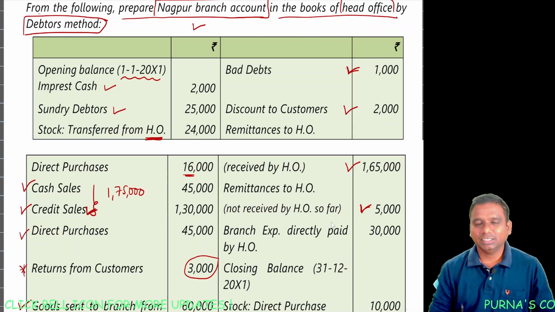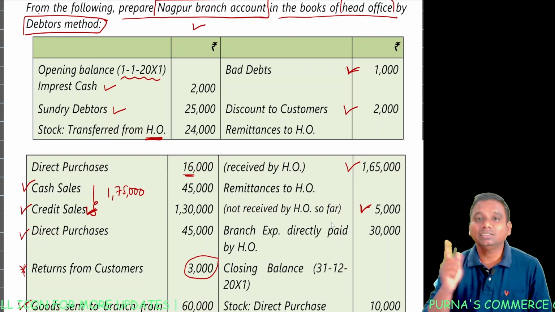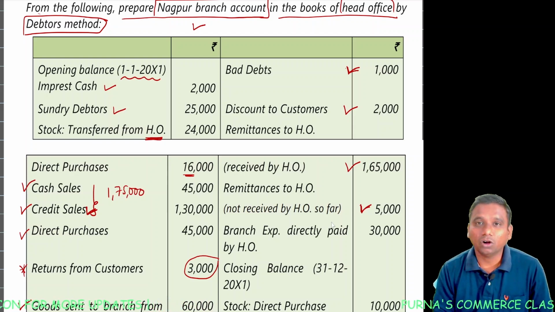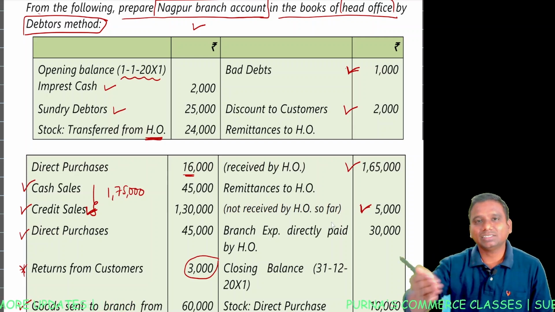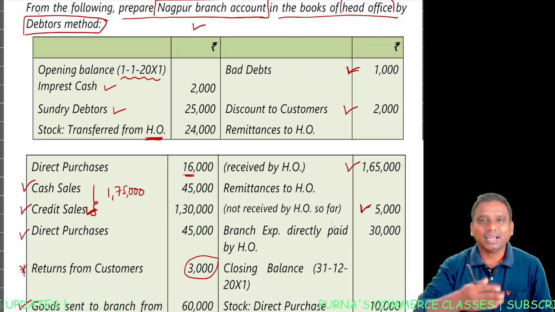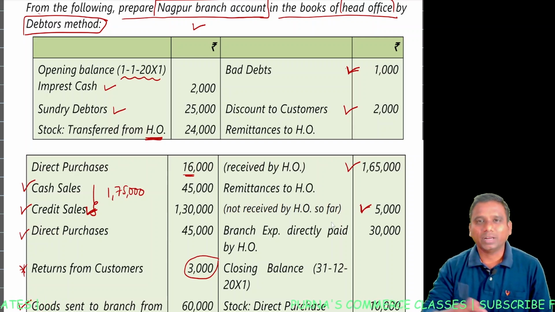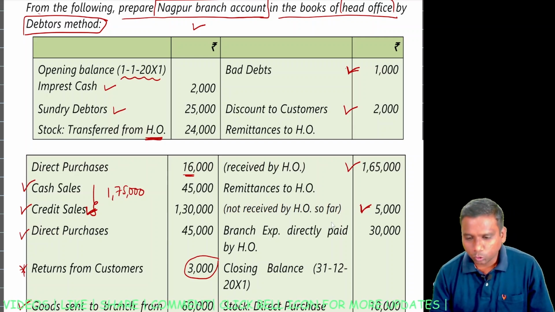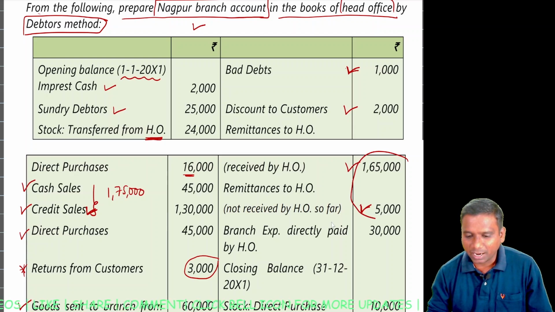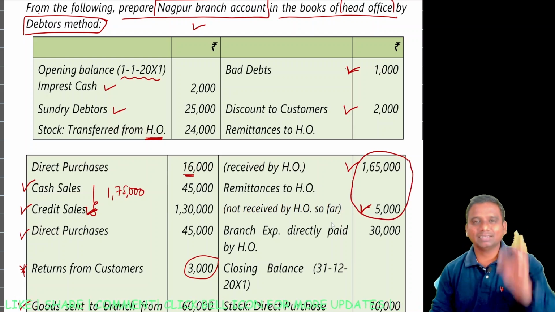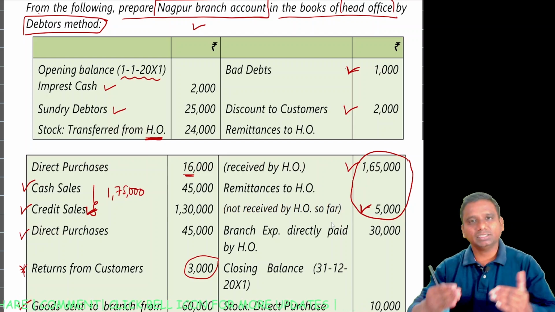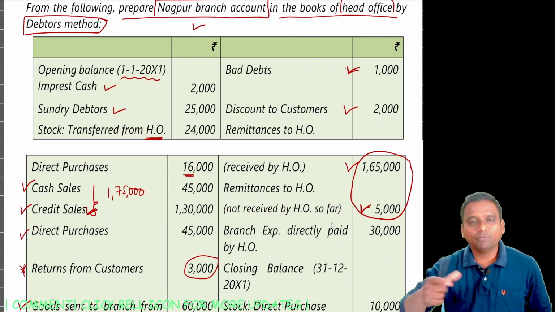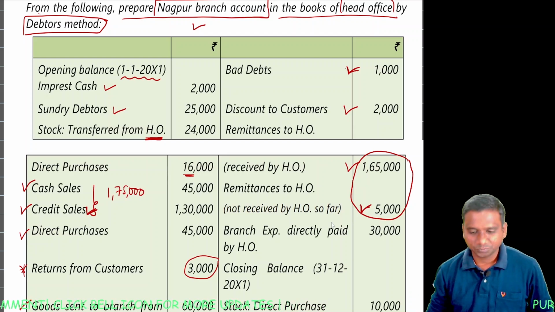In that case, it is not possible to record cash or bank account debit to branch. What entry do we record? In place of cash, where is this cash now? Cash in transit. We write cash in transit account debit to branch account. So the total amount remitted by the branch to head office is 1,70,000, but out of this we received 1,65,000. The remaining 5,000 is in transit.